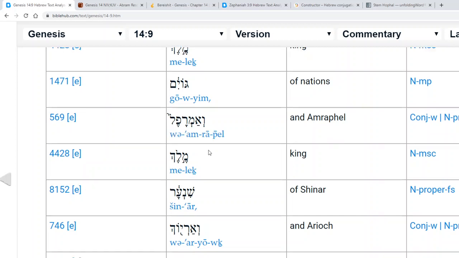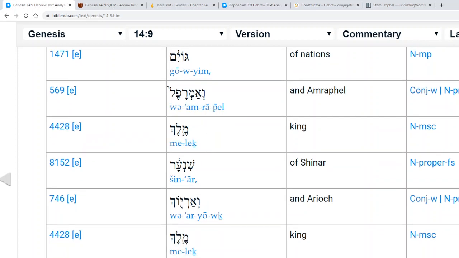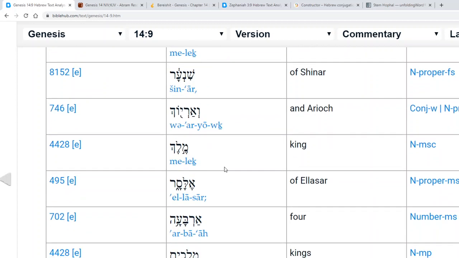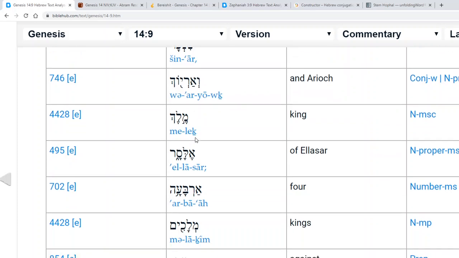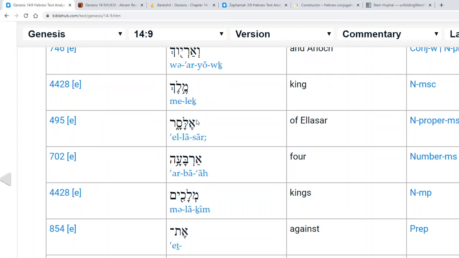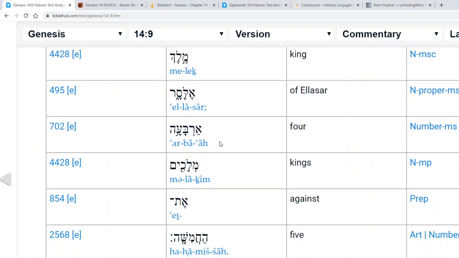Amrafel, Melech Shinar, Amrafel is the name, conjunctive vav. Melech Shinar, king of Shinar. Aryoch, conjunctive vav again. Aryoch is the name. Melech El Asar, he's the king of El Asar. Arba Melachim, so Arba is 4. Right, Arba is the masculine because Melachim is masculine, right?